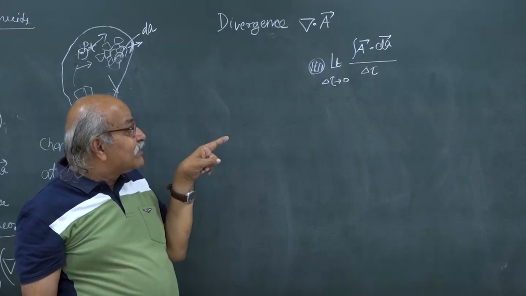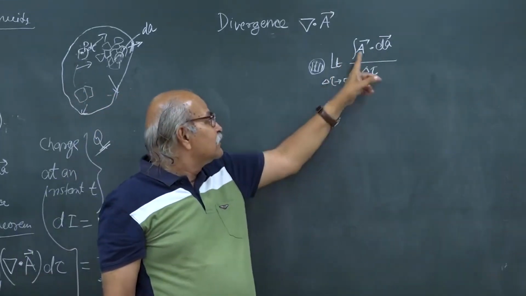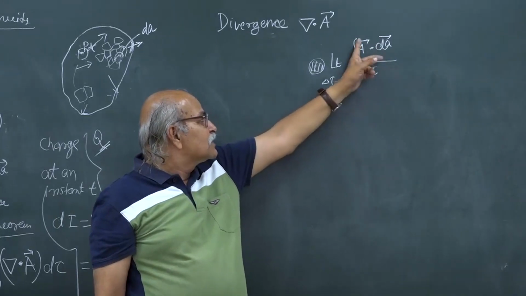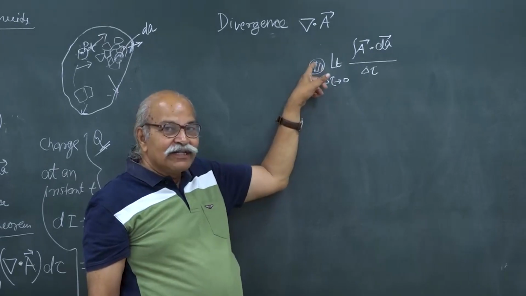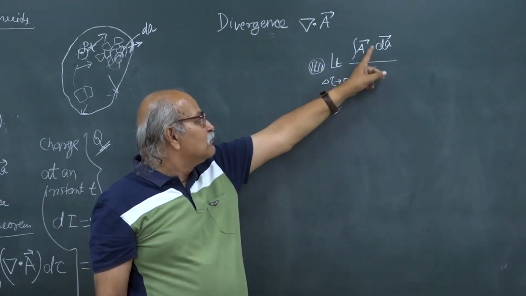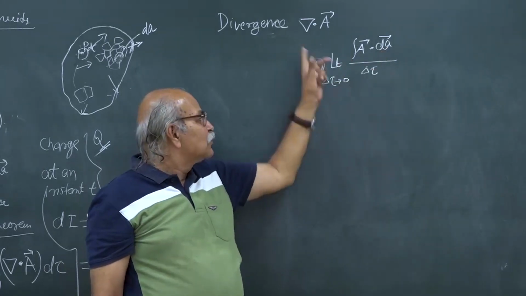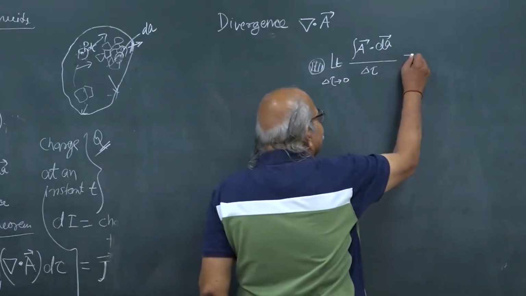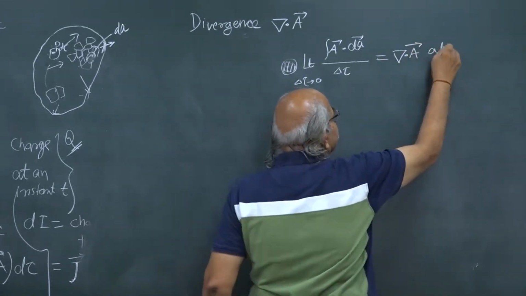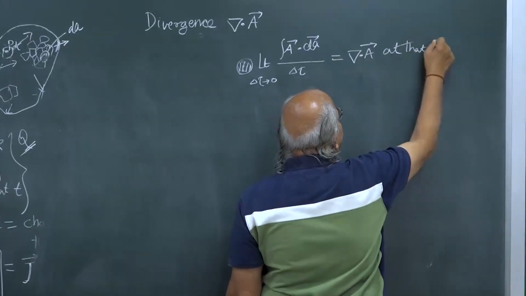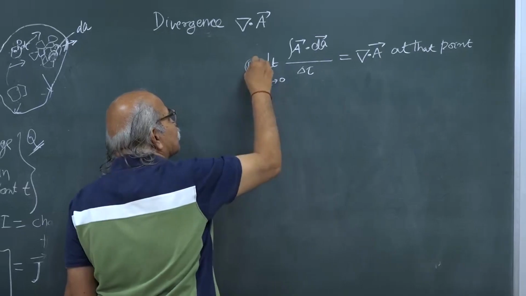This quantity is a scalar, because A dot dA is a scalar dot product. Everywhere you add the numbers, you only get a number, so the whole thing is a scalar quantity, and that is known as the divergence of A at that particular point.